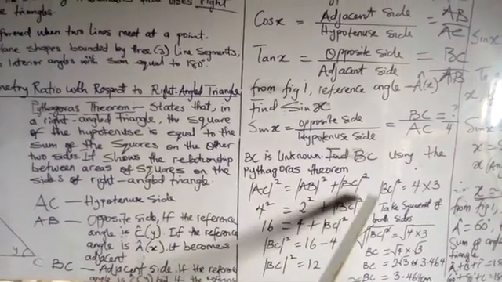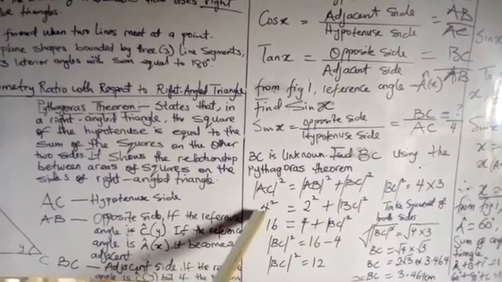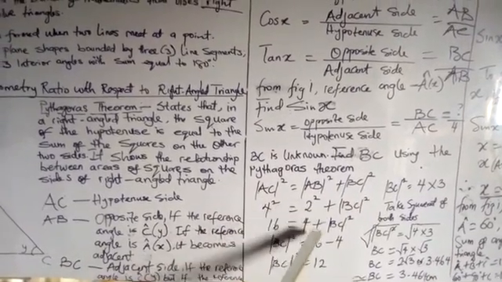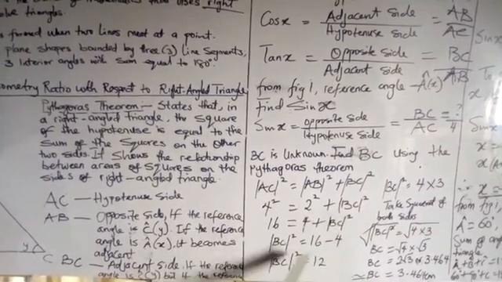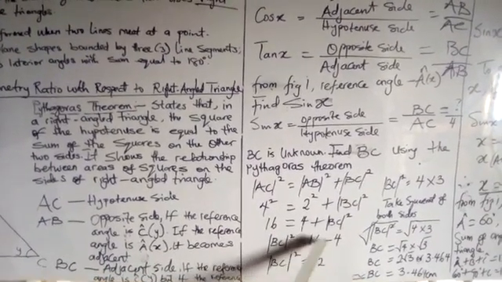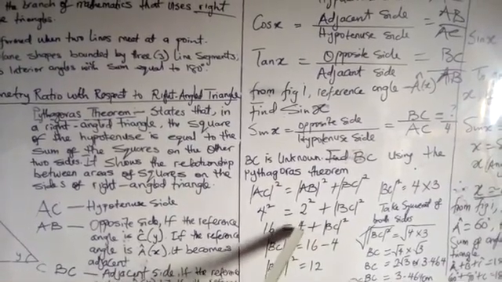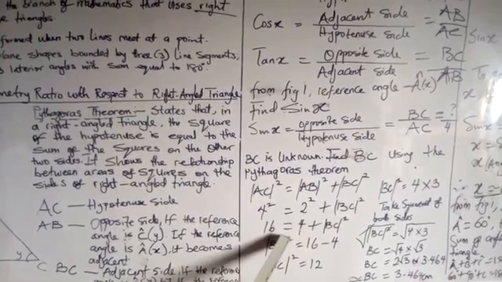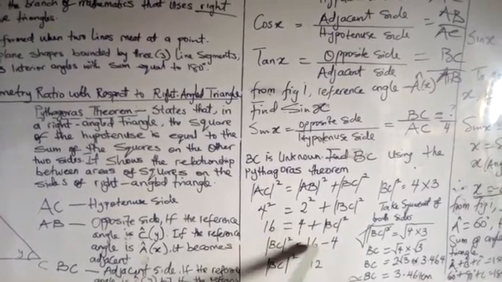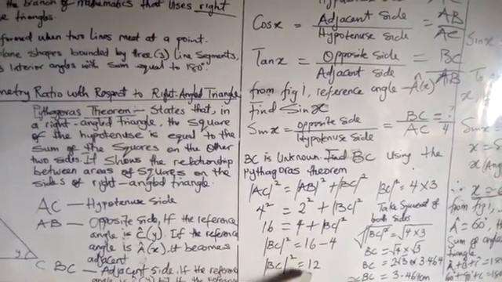Our BC is unknown. 4 times 4 gives 16, and 2 times 2 gives 4, plus BC square. Making BC square the subject of the formula, when positive crosses the equality sign, it becomes negative. So 16 minus 4, we have BC square equals 12.